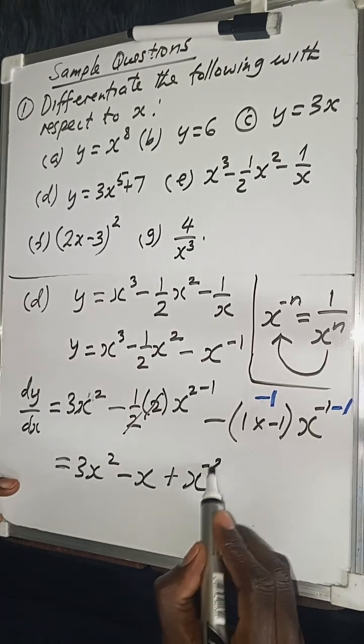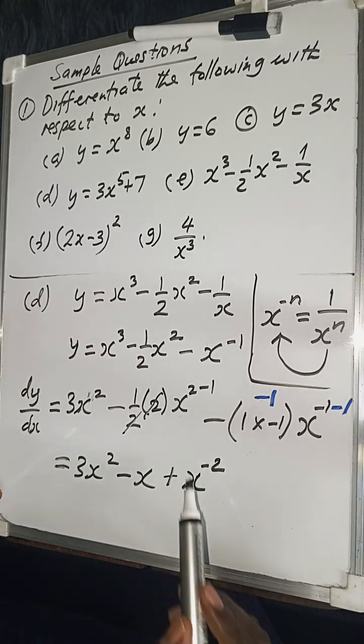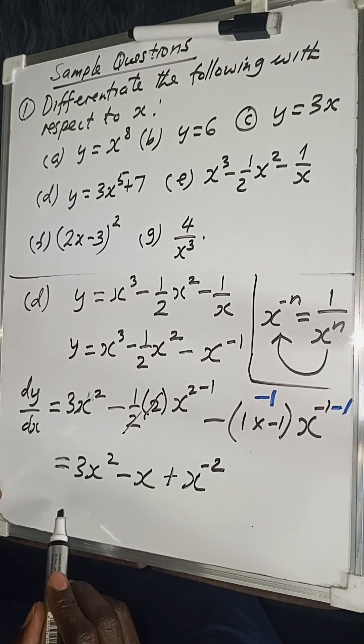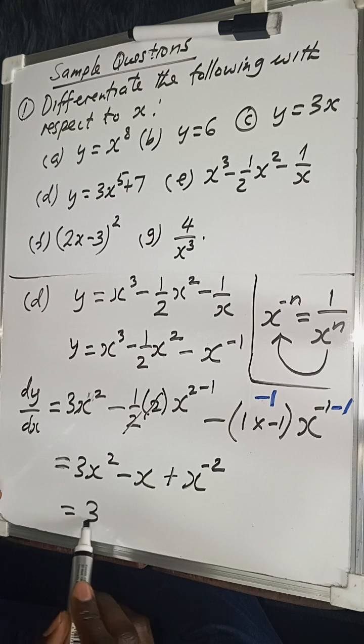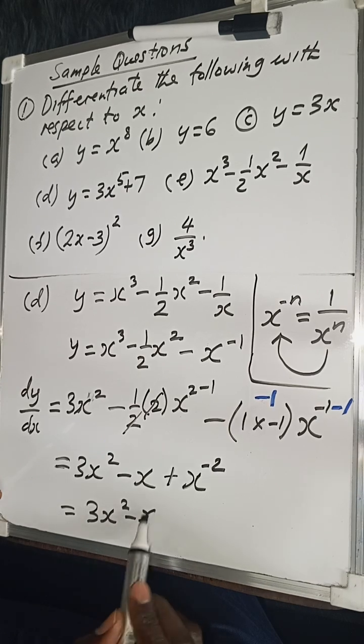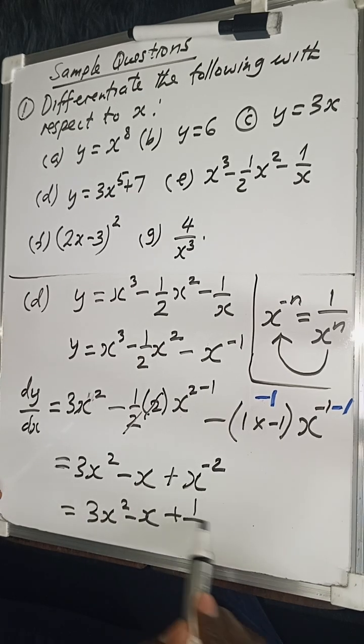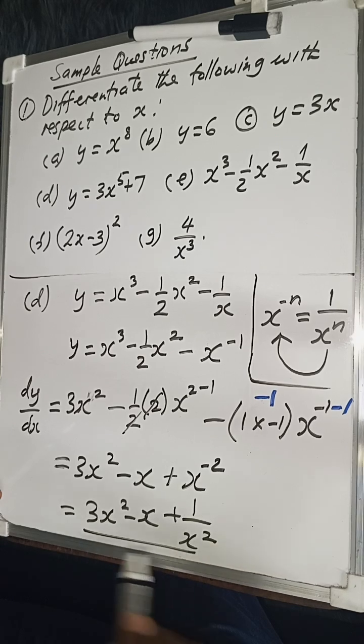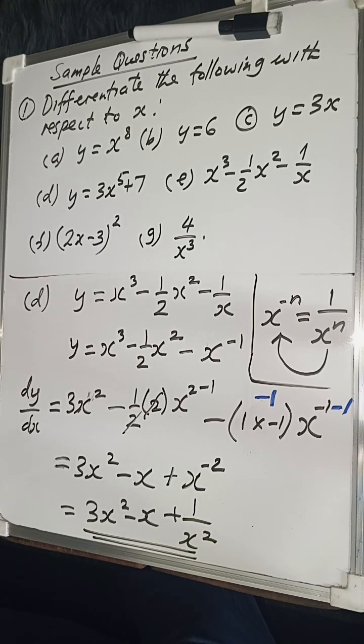Same signs you add, that will give me a minus 2. Now remember, you can leave it right here, or you can change this one back and write it again as a reciprocal, which will give you 1 over x raised to the power 2. So that's what we mean. That is basically how you can work around with that one.